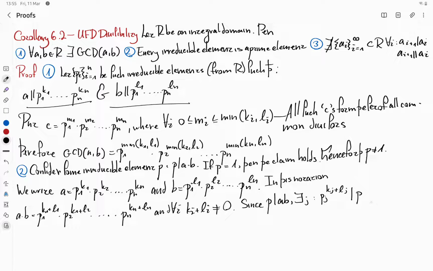But P is an irreducible element. This also means, by the way, that this could be interpreted as Pj to Kj plus Lj being in the factorization of P. But this means, since P is irreducible, that P is associated with Pj to Kj plus Lj.